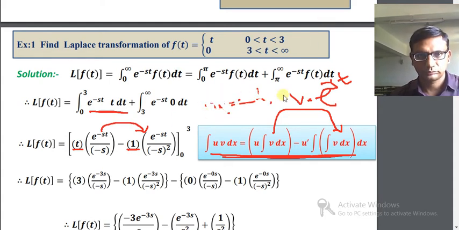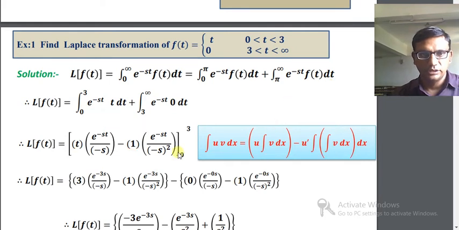So the next step, we will put the limits, and the second integration is here directly 0, so I am not writing it here. Now we will solve only this integration. First of all, put the upper limit 3 in place of t.